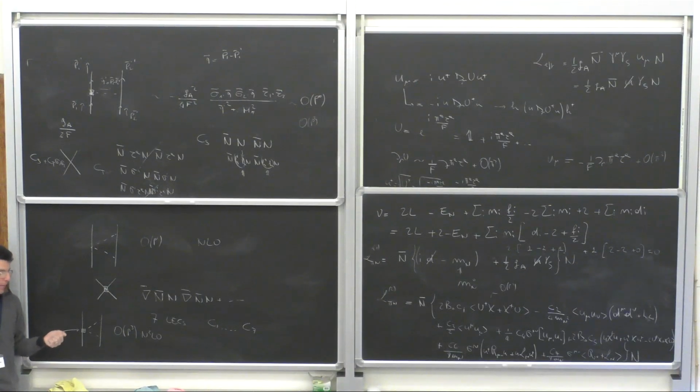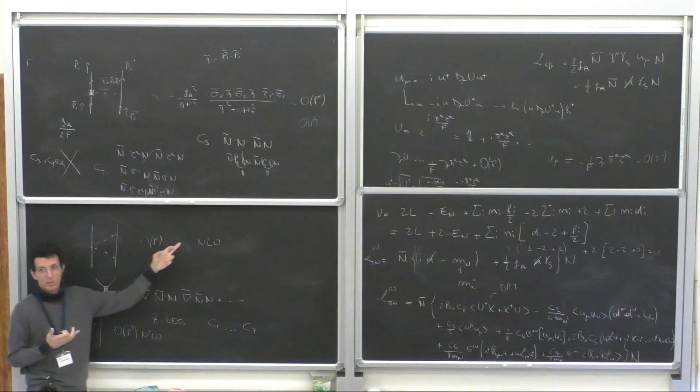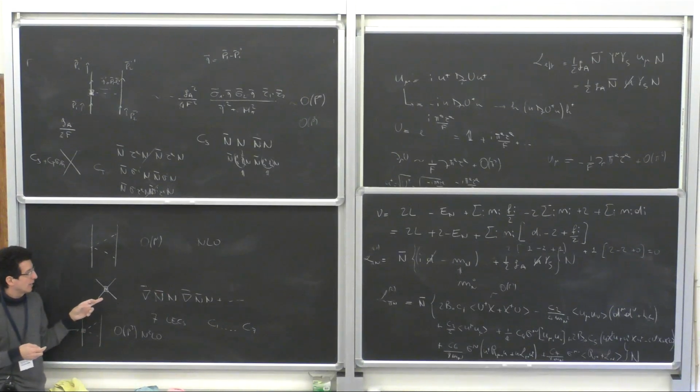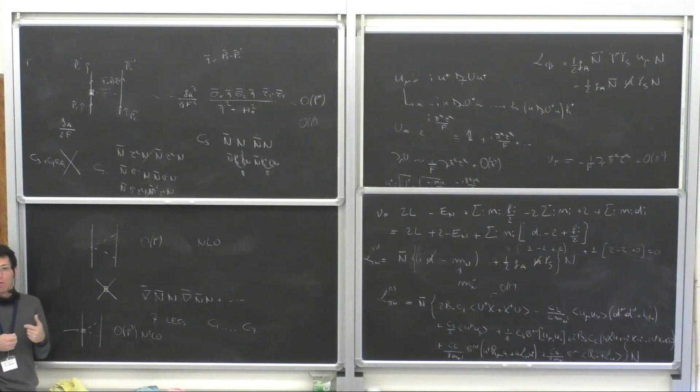So the terms which enable us to construct accurate nucleon-nucleon potentials are the contact interactions. There are 2 at leading order, CS and CT. There are 7 at next to leading order. And then there are terms at the following order, N3LO.